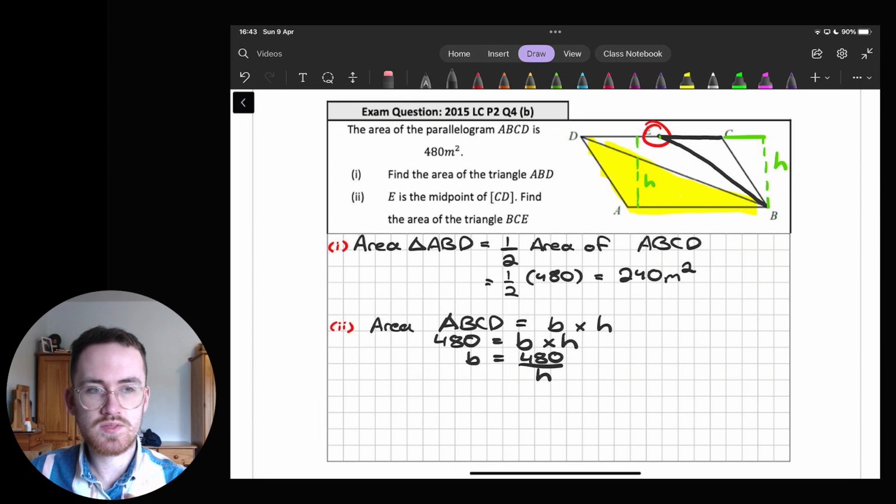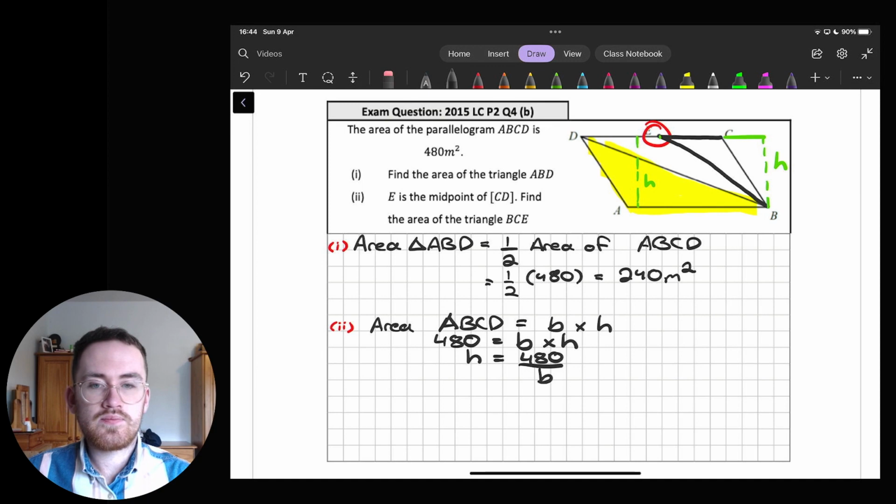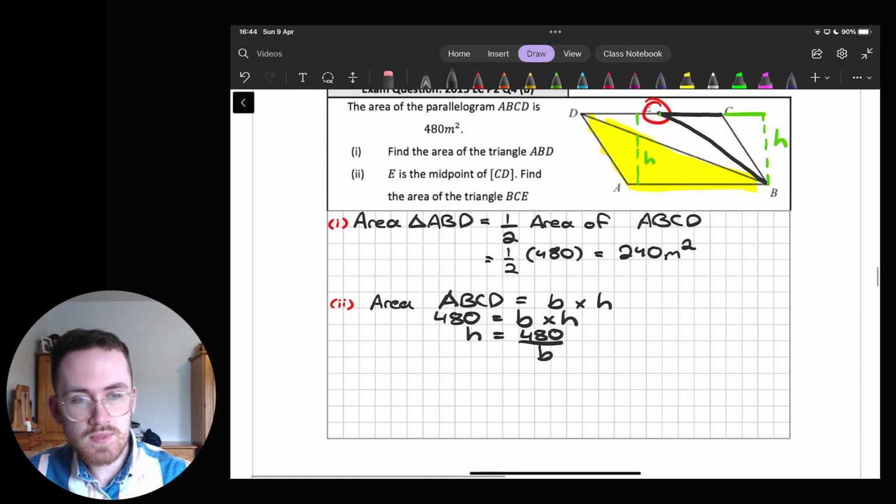Or equally, let's leave the height as the one that we know. So the height for this triangle is 480 divided by the base, being the length from C to D, or A to B. Either or. We might need to switch that round, but let's work with it for the time being.